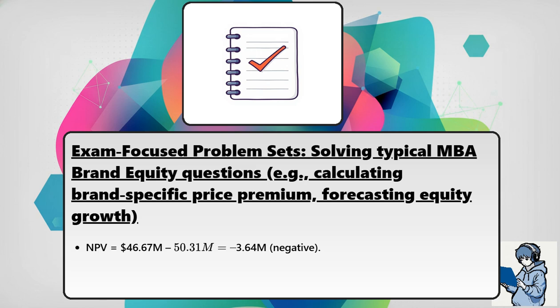Net present value equals $46.67 million minus $50.31 million equals -$3.64 million, negative. Return on investment equals net present value divided by total investment equals -$3.64 million divided by $50.31 million equals -7.2%.